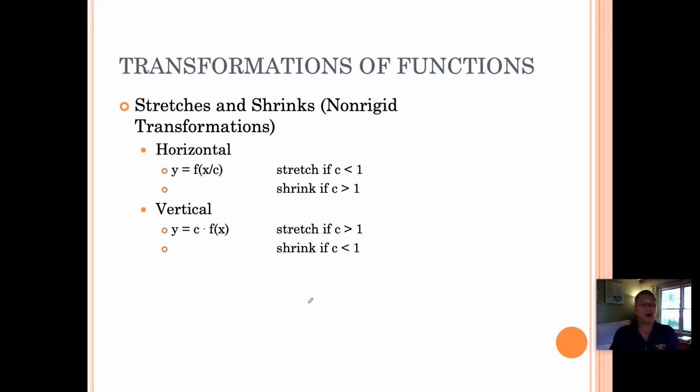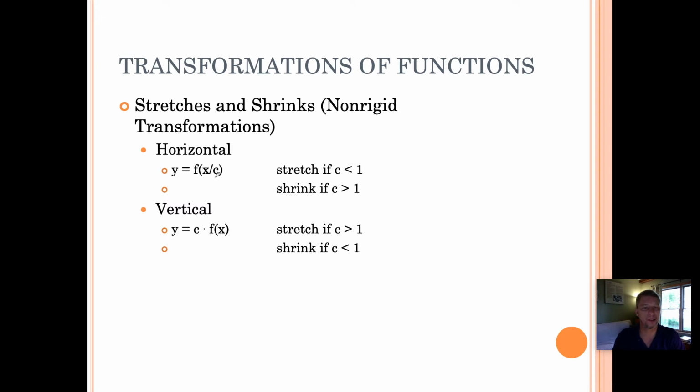Now, a horizontal stretch or shrink happens when you manipulate the value of x. You see the function here, y equals f of x divided by c.